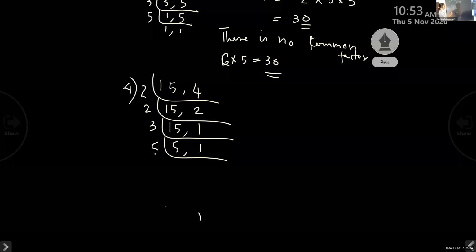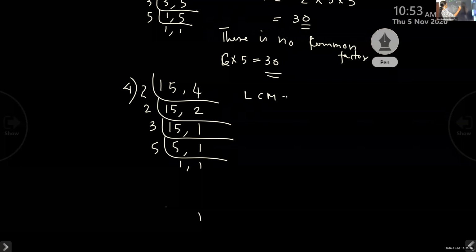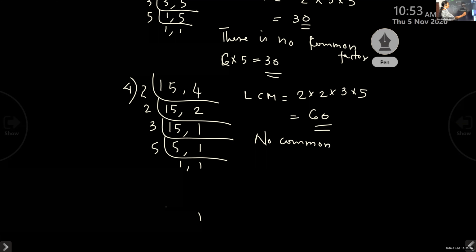Again with the 5, 1, 1. So the LCM is 2 into 2 into 2 into 3 into 5, which equals 60. 60 itself. So no common factors. You will get the same answer when you multiply 15 into 4.